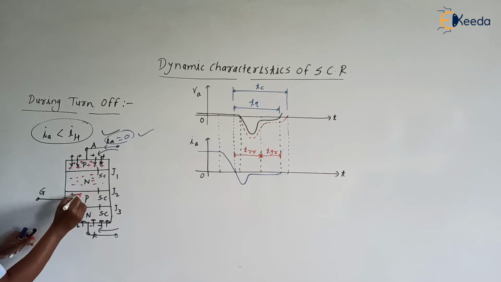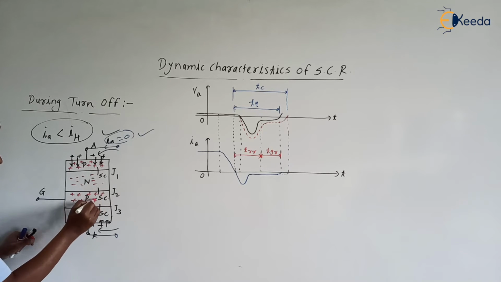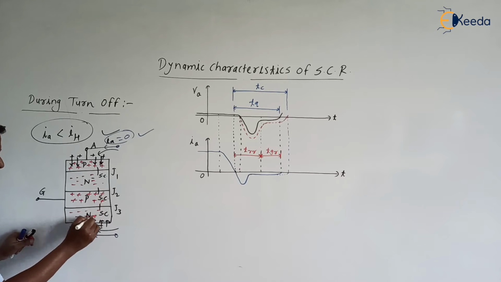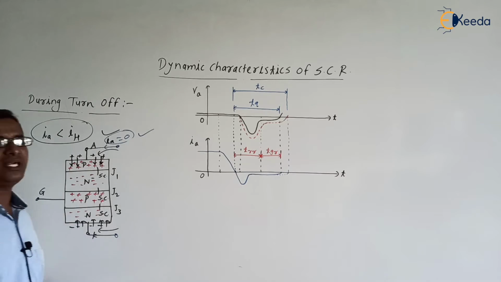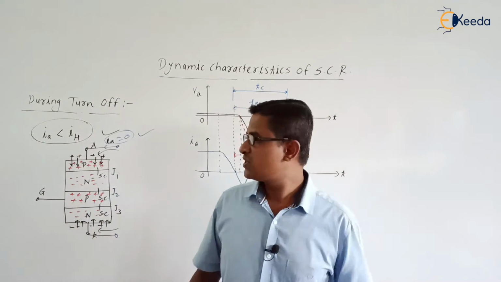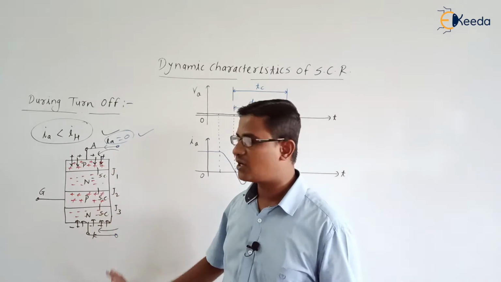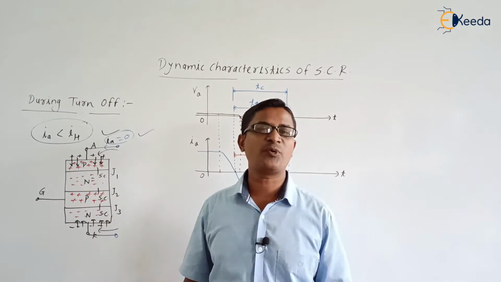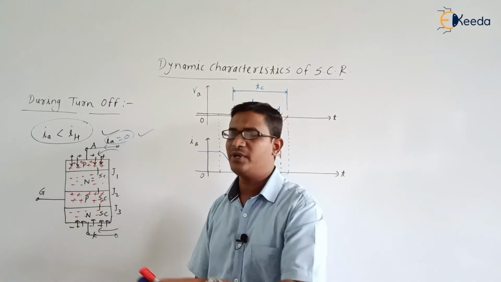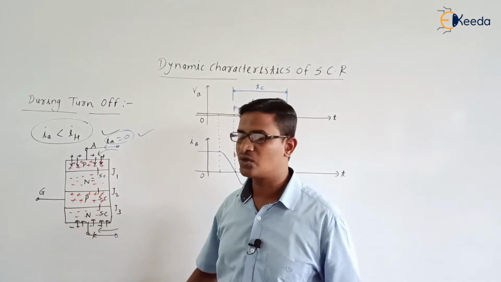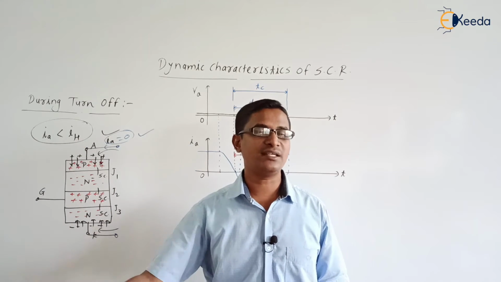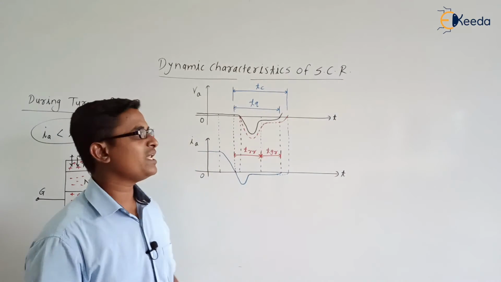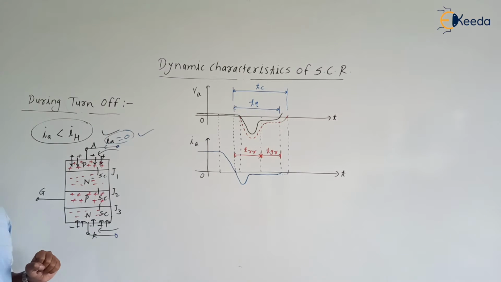So we have added charge carriers in all the 4 layers of the SCR. Suppose we have 1000, 1000, 1000 and 1000, that is, in each layer 1000 more charge carriers have been added. So how to remove the added charge carriers?